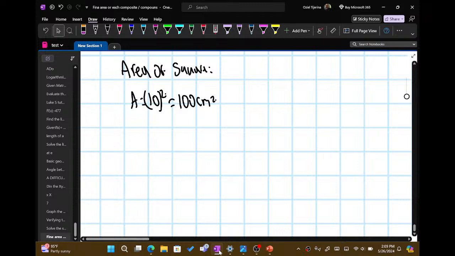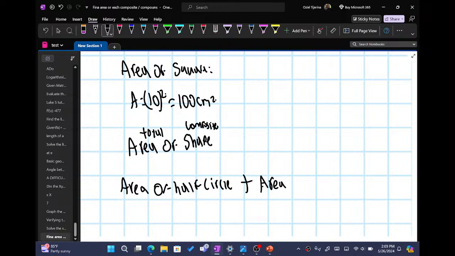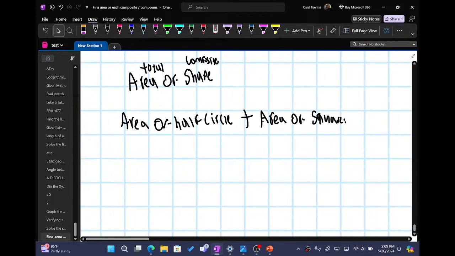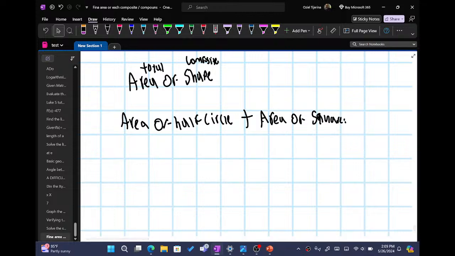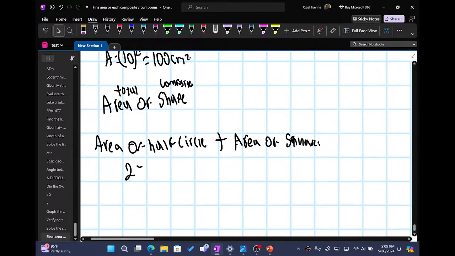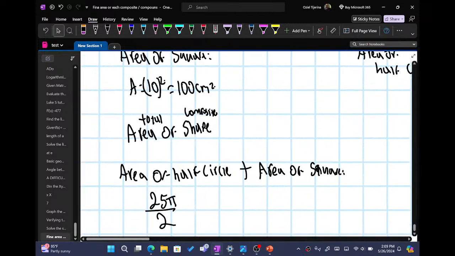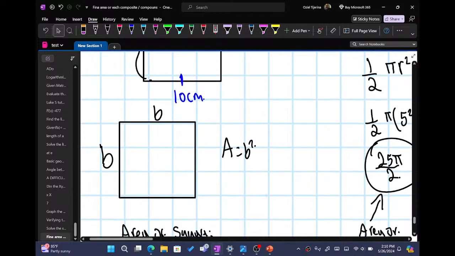So now the total area of the composite shape is going to be the area of the half circle plus the area of the square, which is going to be the following: 25 pi over 2, which was the area of half the circle, plus the area of the square, which was 100 centimeters squared.